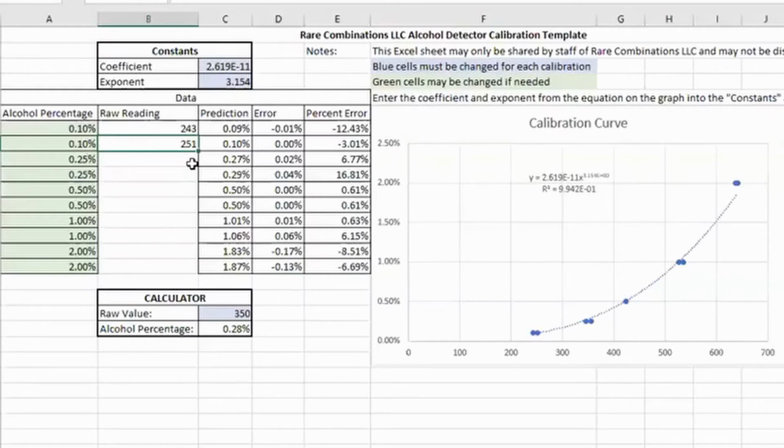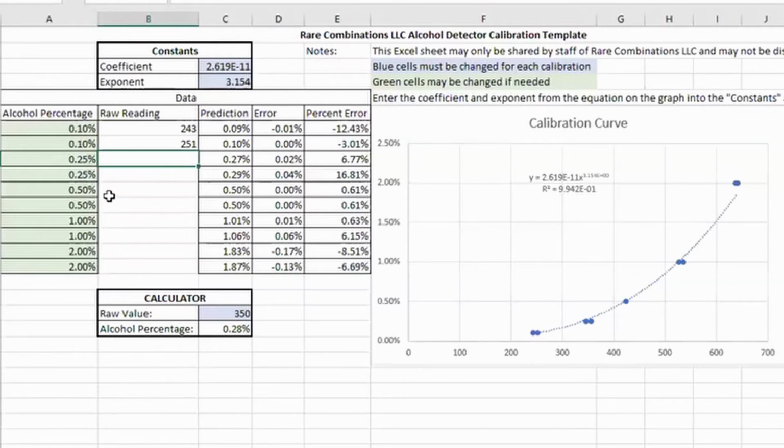So just take the reading that the detector says and build your whole calibration curve. And if something looks funky at the end, then you can go back and say, okay, maybe this was wrong, or maybe that was wrong, or maybe I need to email Nick, whatever. But everything should go relatively smoothly.